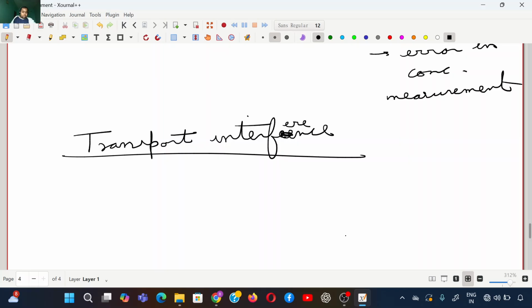Transport interference happens when the aerosol particles do not enter the flame properly. There is something called aspiration rate, which tells how fast the solution is drawn into the flame, and it depends on many physical properties like viscosity, surface tension, density, vapor pressure, etc.